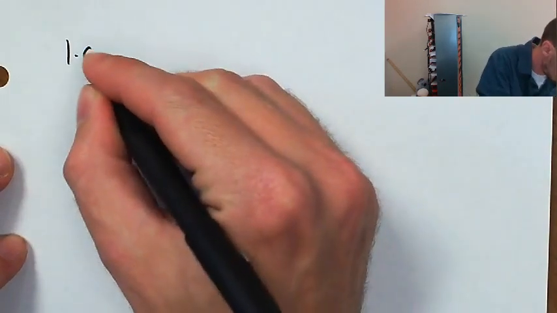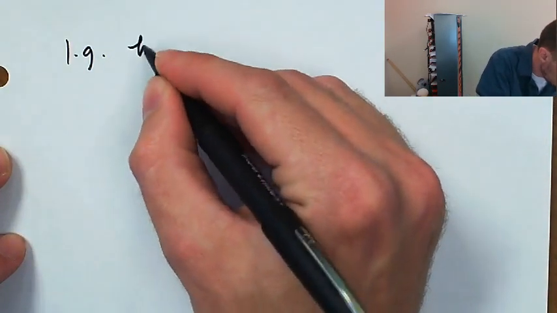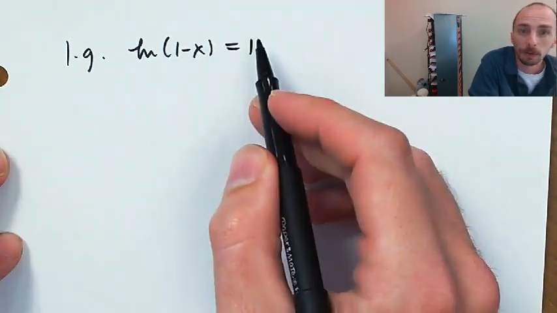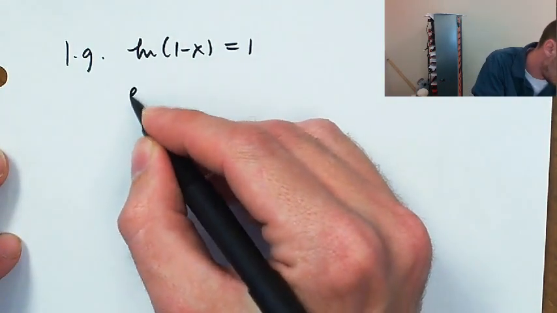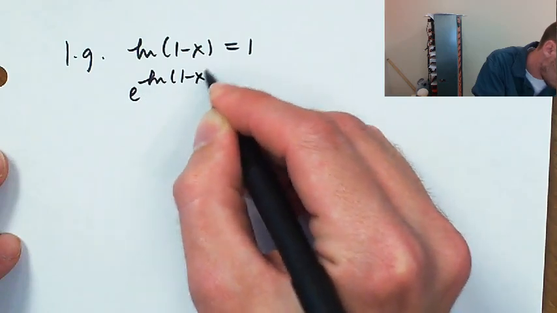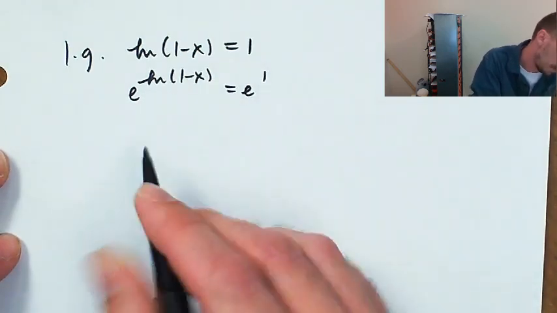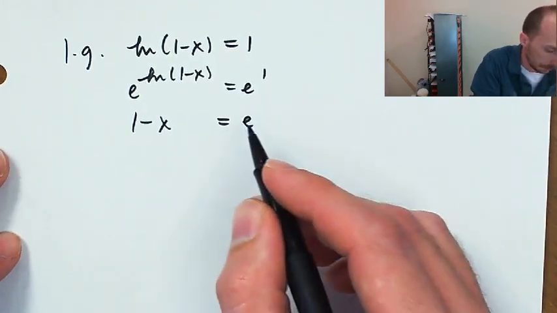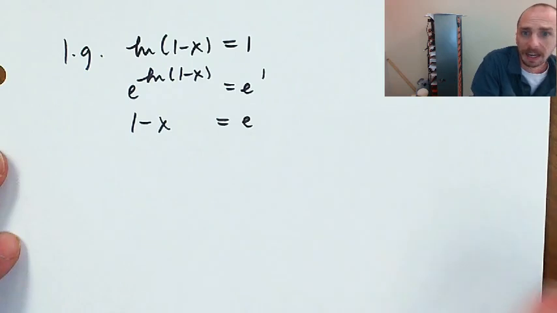Okay, for 1g, natural log of 1 minus x equals 1. So I'm going to take e to both sides power to get rid of this log. Okay. So 1 minus x equals e. Right, so maybe I'll add x to both sides.